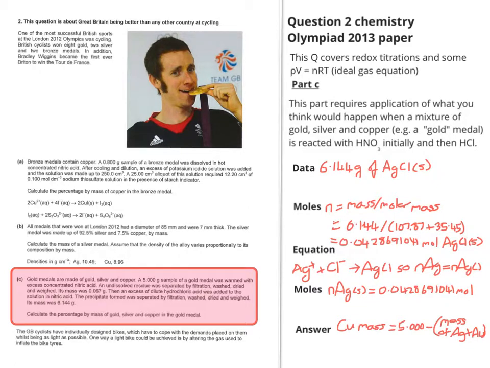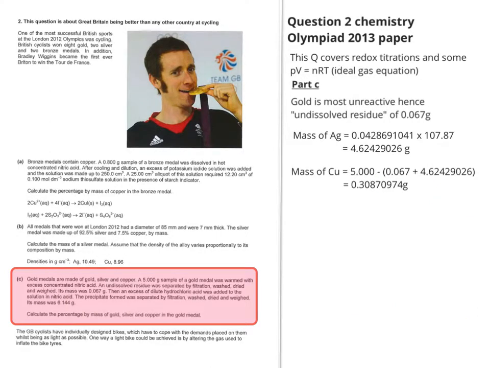Now we can work out the mass of the silver from the number of moles. So working all that out gives us 0.067 grams for our gold, 4.6242926 grams for our silver, and 0.30870974 grams for our copper.